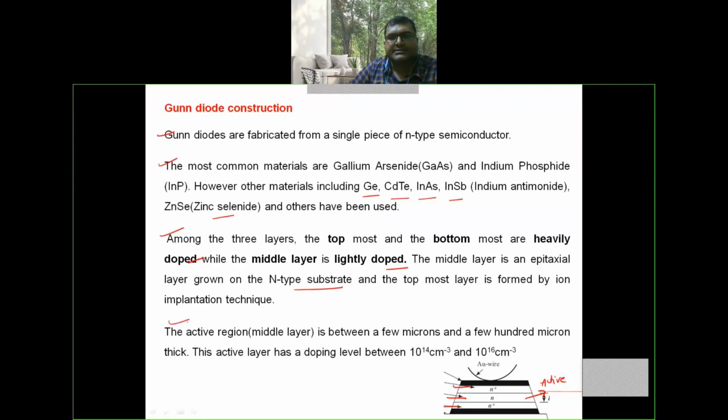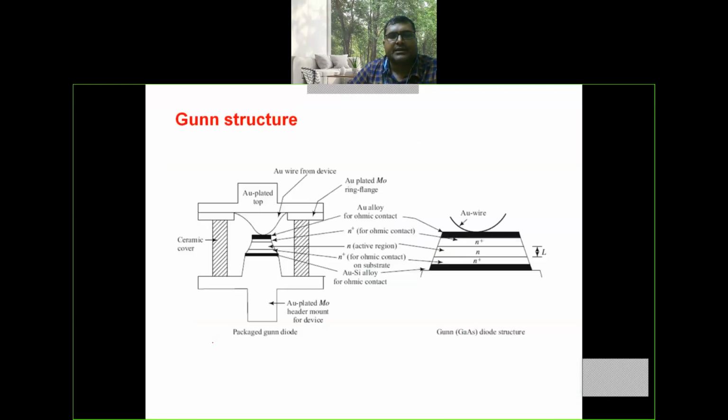The active region is between a few microns and a few 100 microns thick. This active layer has a doping level between 10^14 per cubic centimeter and 10^16 per cubic centimeter. Gunn structure.